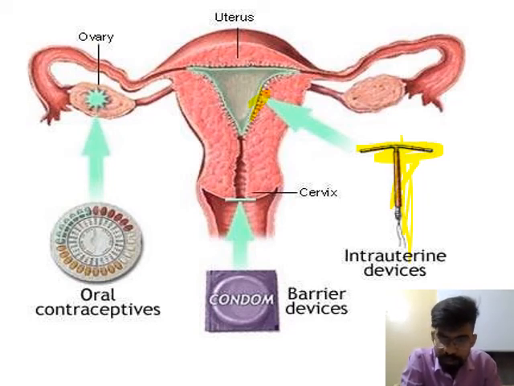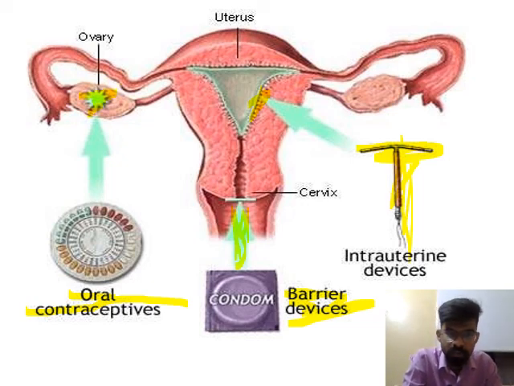The condom or barrier devices are introduced in this area, and the oral contraceptive, the hormonal pills, the progesterone or estrogen pills, target the ovary.